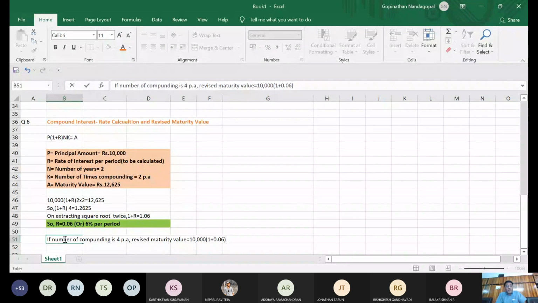So already you have found out R. You understood or not? So, 1 plus 0.06, 2 into 4. Now tell me.